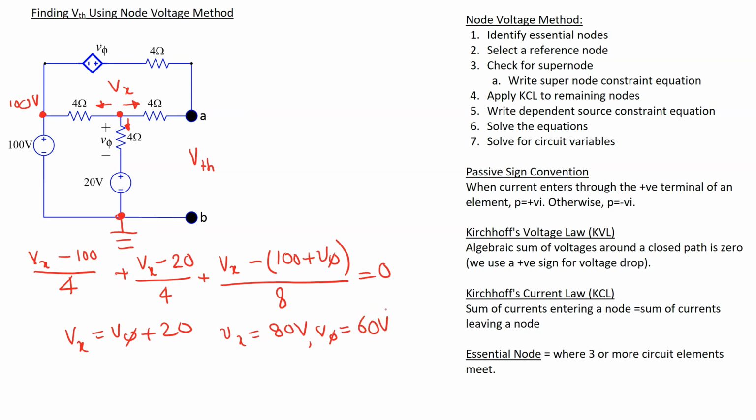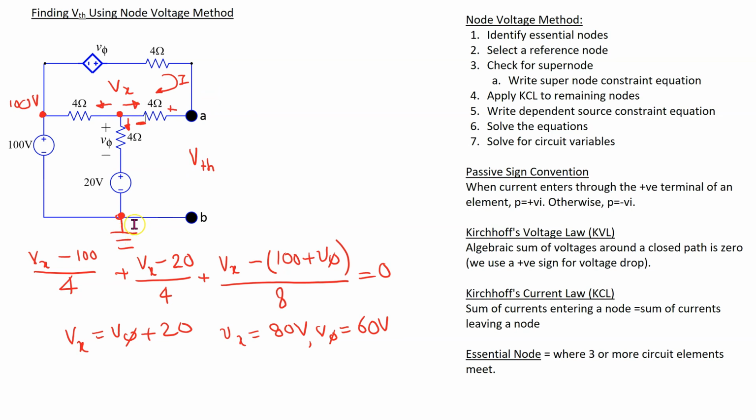So the node voltage analysis is completed, but we are interested in the open circuit voltage VTH, and this can now be found using the node voltage Vx. In order to do that, let's define this current I, and this current is entering the 4 ohm resistor at this end, so it is marked positive, and it is leaving the 4 ohm resistor at this end, so it is marked negative.